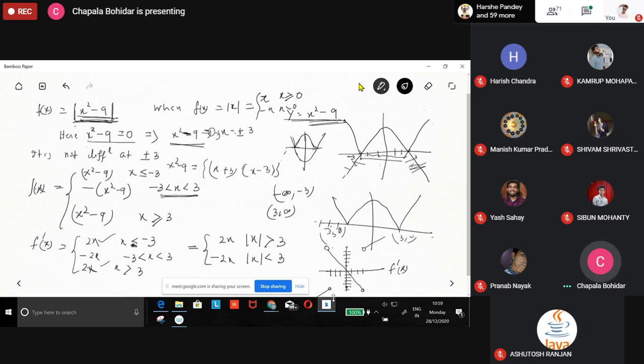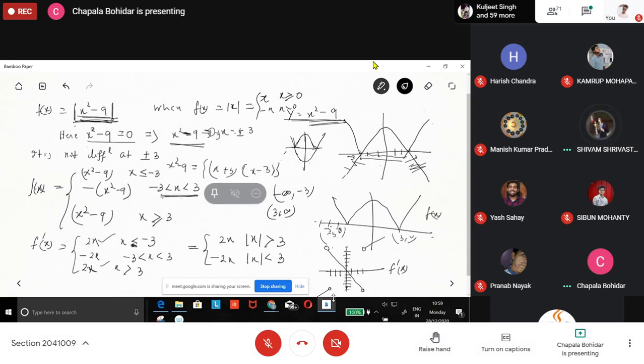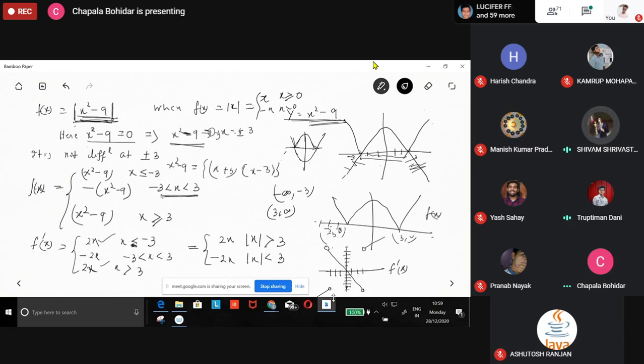Anybody have any doubt here? This is the curve of f dash x. It is clear to all of you how it is solved. Simply write down your values like this.